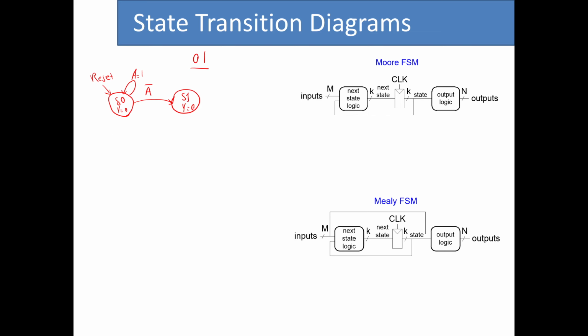So now let's say we are in this state, state 1. What should we do if we detect a 0 as the input? Or let's say we have detected this 0 because we started from here, we detected the 0, we went to state 1, and then we have another 0.